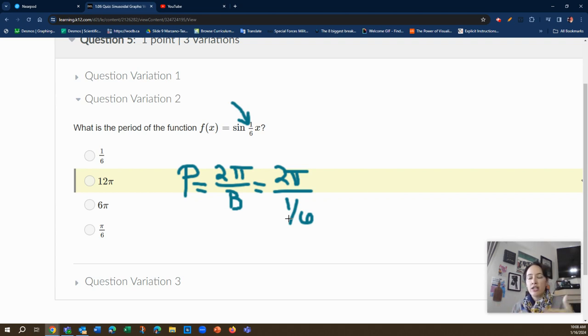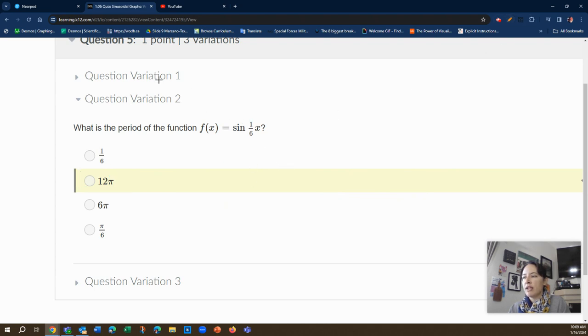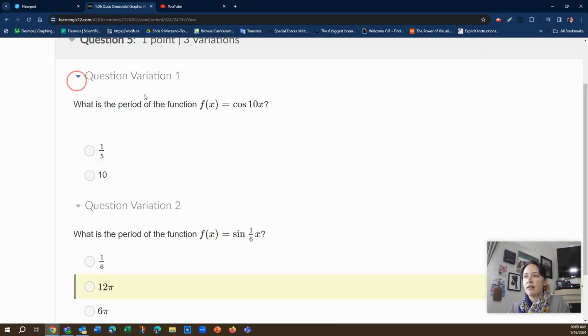Basically, you change it to multiplication, you flip the fraction you're dividing by, and then you multiply. So this is the same thing as 2 pi times 6 over 1, or 12 pi. Notice how we just multiply the number parts. 2 times 6 is 12. The pi stays.